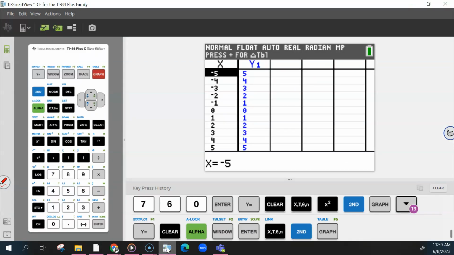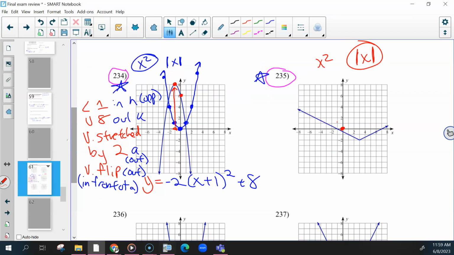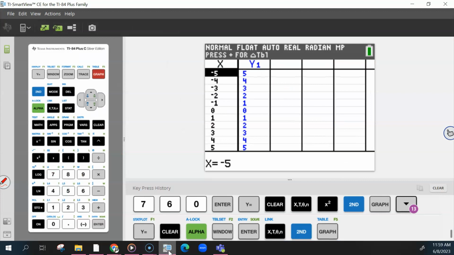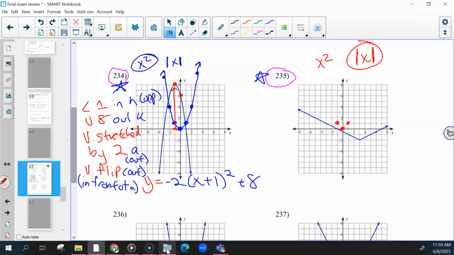Negative 1, 1, 1, 1. Negative 2, 2, 2, 2. And really it just keeps doing that.